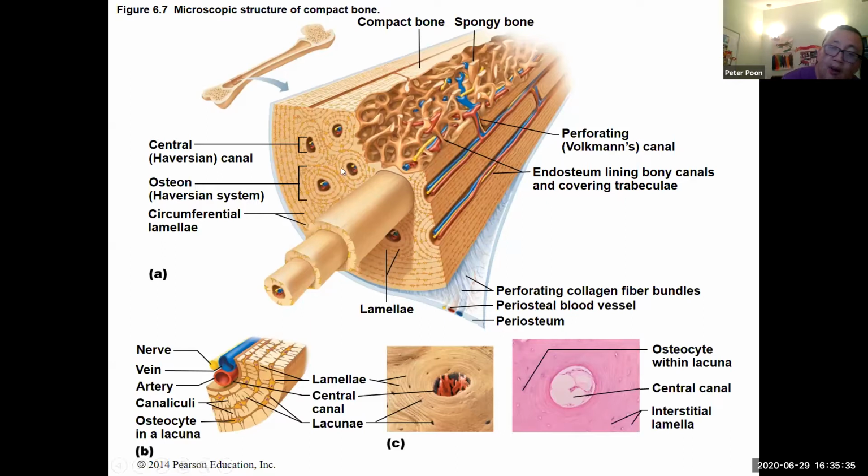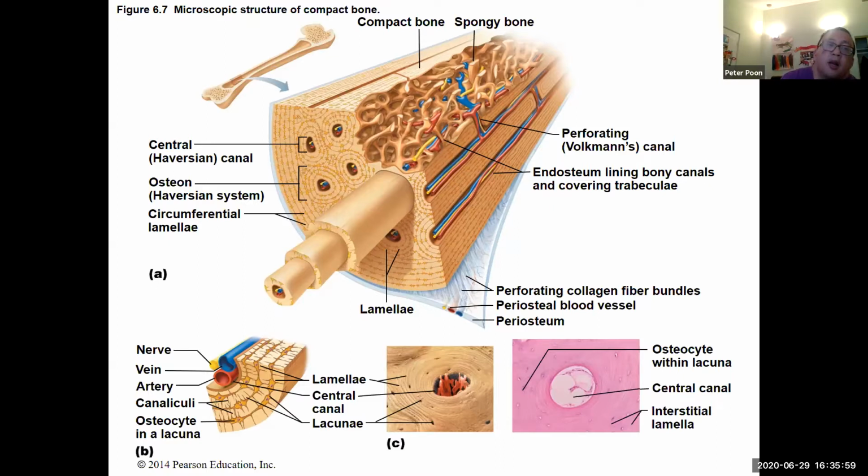Now let's go back to the osteon. The osteon is made out of concentric circles of solid bone, called lamellae.